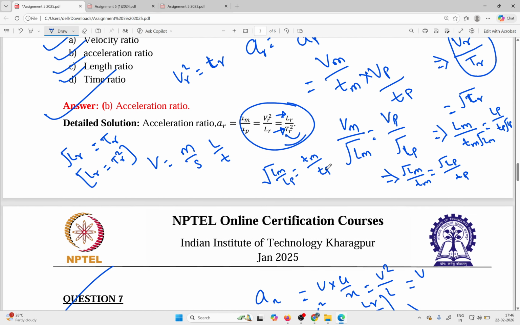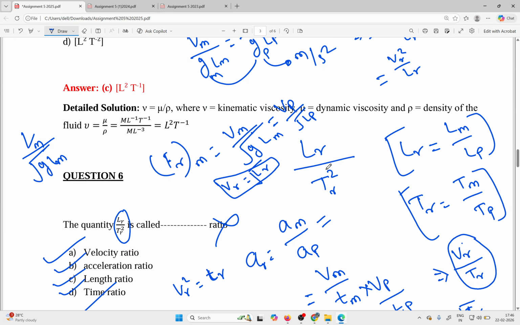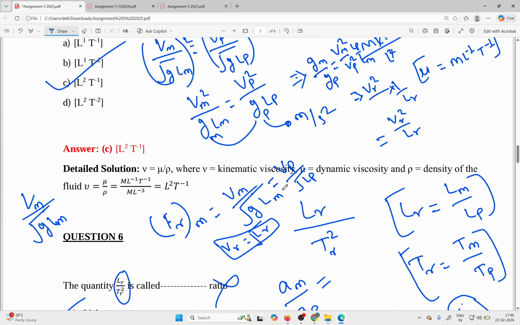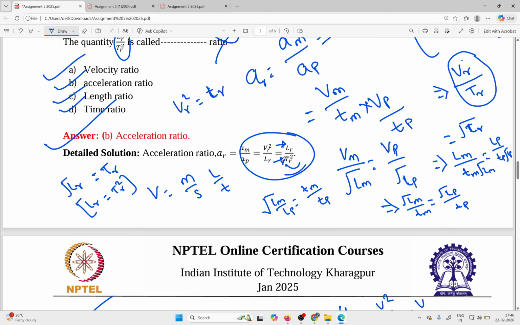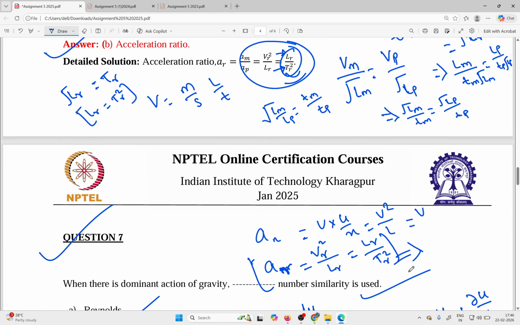As you can see, when I was comparing with the Froude number similarity, we come to the same thing. So please follow this procedure for the acceleration similitude.